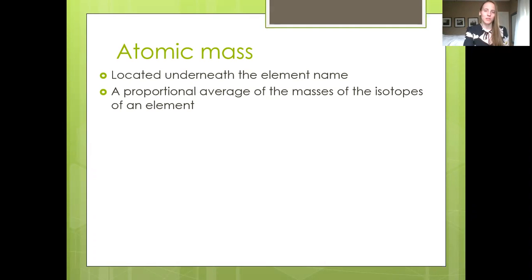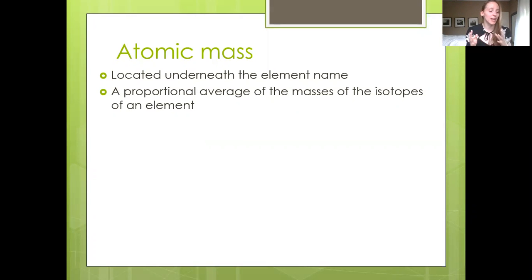For example, carbon has an atomic mass of 12.0107, which means that the vast majority of carbon atoms that exist in nature have a mass of 12, but a couple of them have that mass of 14 we were just talking about, which is what makes the atomic mass not just an even 12, but a 12.01.